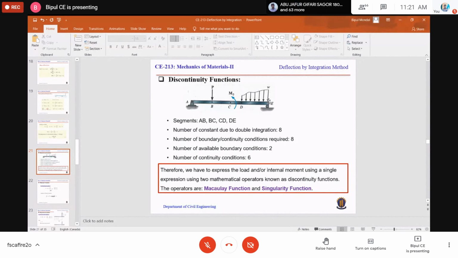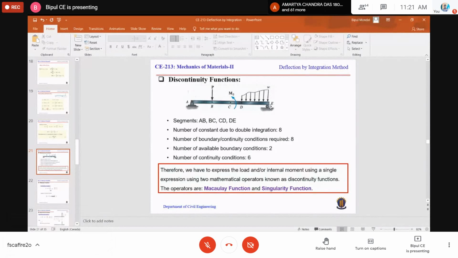The distributed load ends at the end of the beam. That means the ending point of the distributed load and the ending point of the beam are the same.